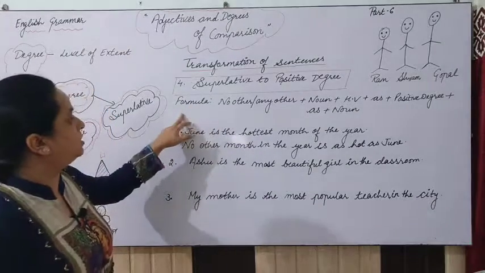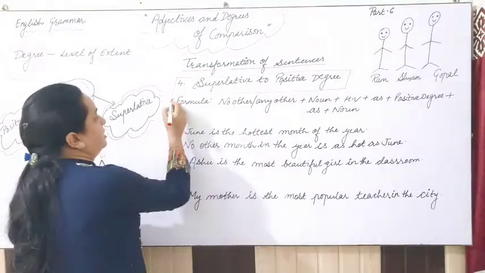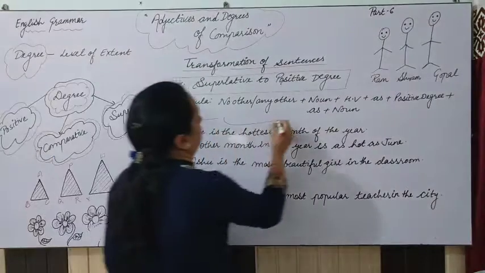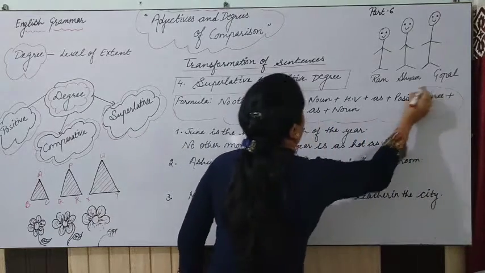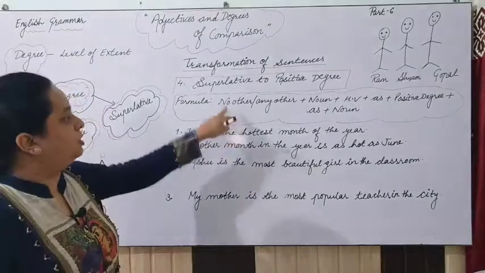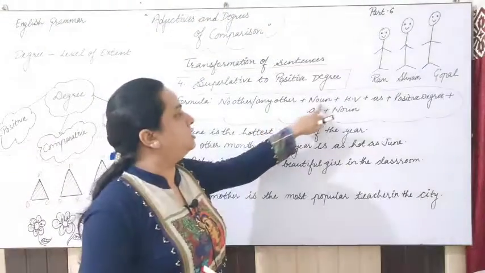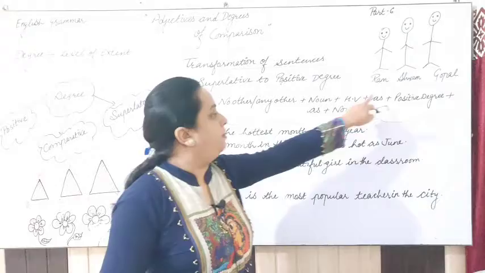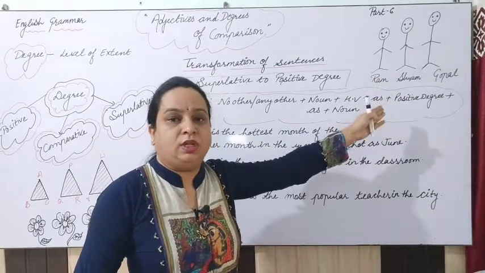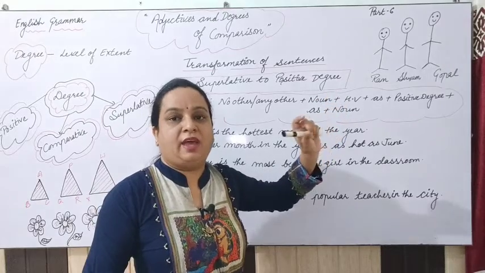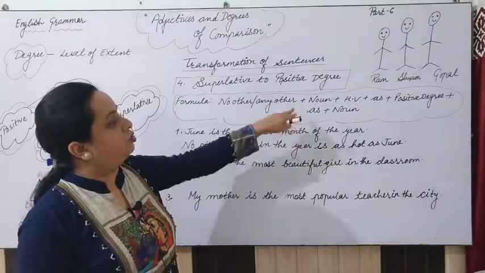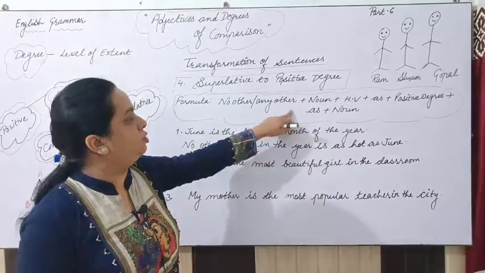This is the fourth one, and the formula says: no other or any other, you can take any one option, plus noun plus helping verb plus as plus positive degree plus as. Once again, we learned the pattern of as and as, or so and that, so positive degree is what we have to use there.